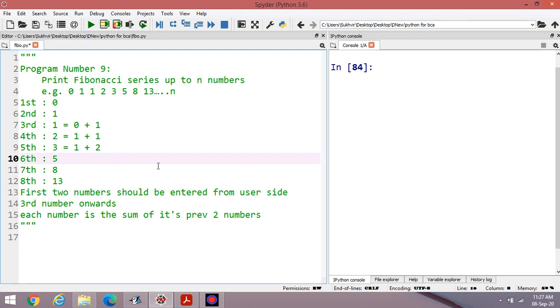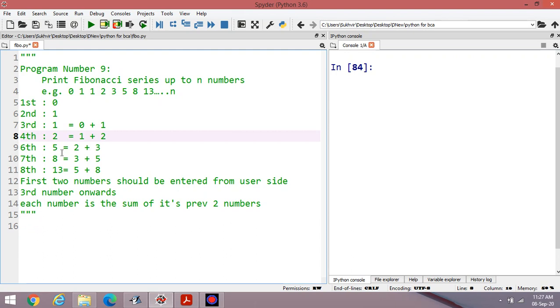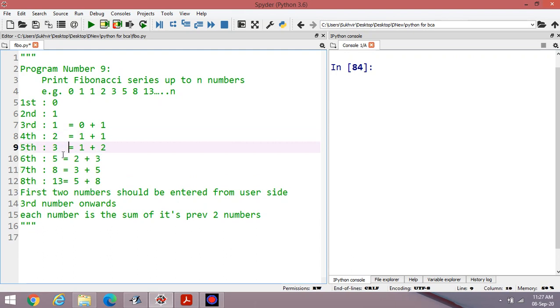All the numbers are there. This one is 2 plus 3, this one is 3 plus 5, and the last number is 5 plus 8. Like this, the series is there. These are the numbers.